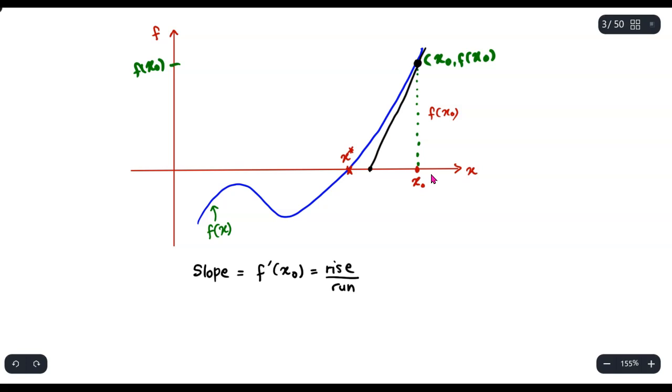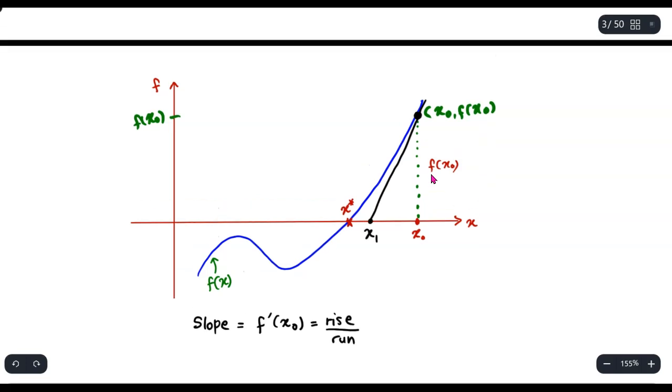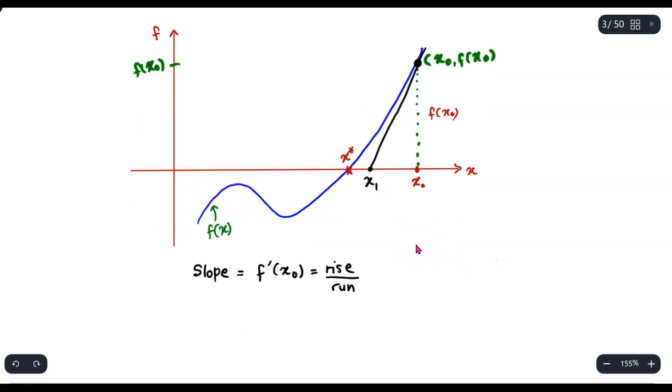So this value somewhere here is now x1, because initially we started with x naught, so the next value of x that we have, we consider as x1. The distance that you can see here is the run. So the run is equal to x naught minus x1, because obviously x naught is more to the right compared to x1, so of course the value of x naught should be higher.